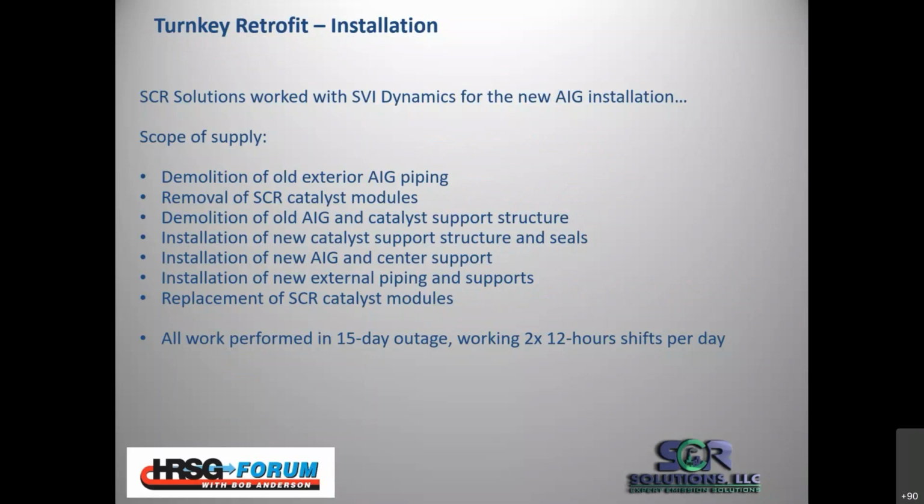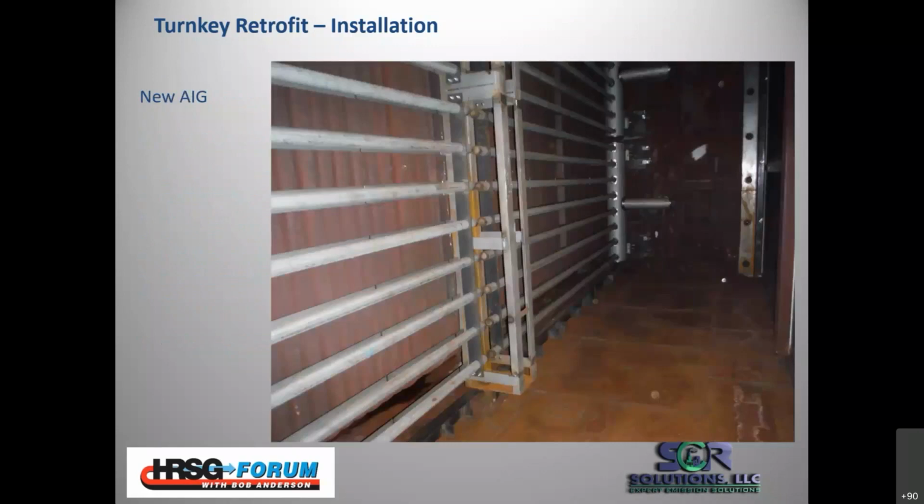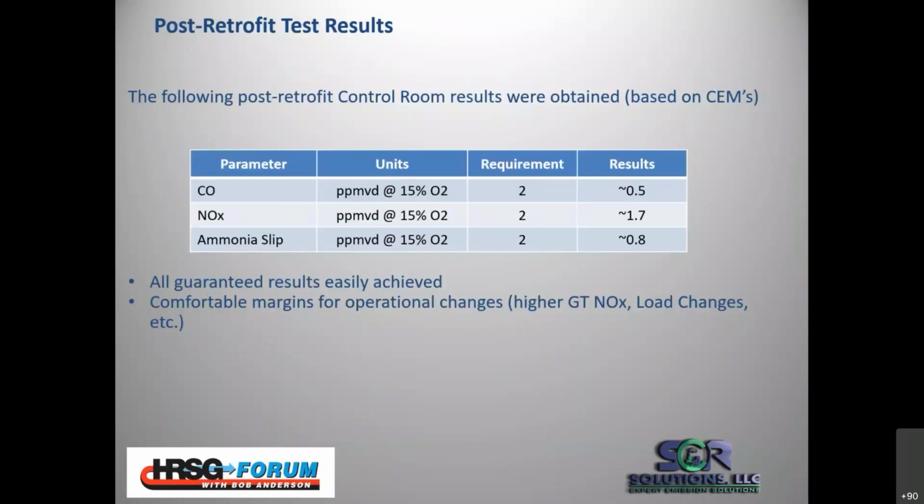There's a lot of work in this little 2-week outage, but the thrust of the job was to take out the old AIG and put in the new, and this all had to be done in a 2-week outage, working around the clock. There's a picture of the new AIG, and here's the most important part: the results.